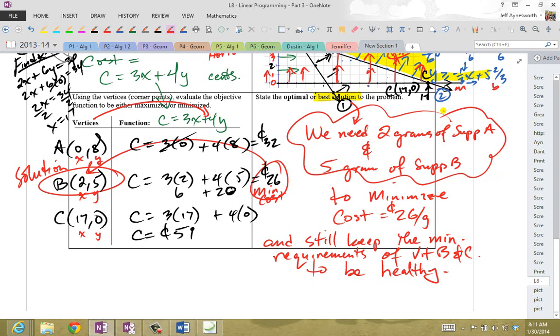I just bought some food supplements the other day, and one bottle of a whole food supplement that I take twice a day is $45, and that's a 1-month supply. And then I needed a couple other ones too, so you can see the cost adds up pretty fast. So you want to meet your diet requirements but also minimize the cost so you don't keep spending a whole lot, because you've got a lot of other things to get too, especially if you have a family like I do.